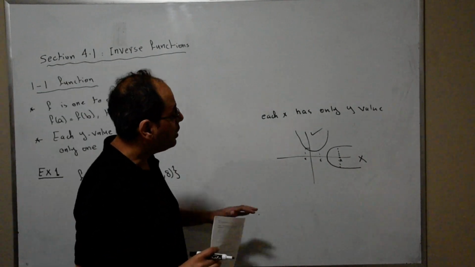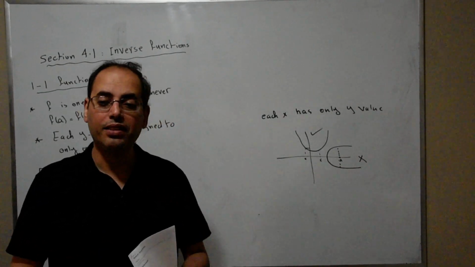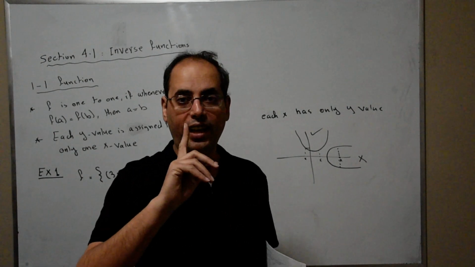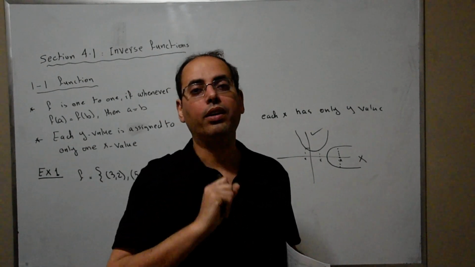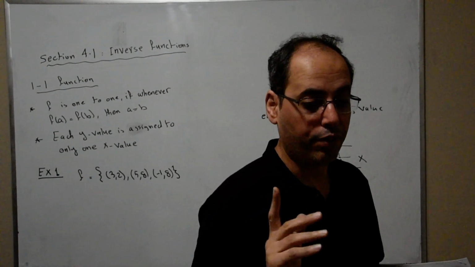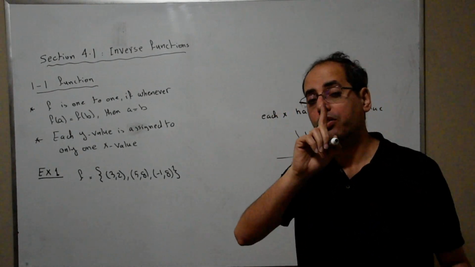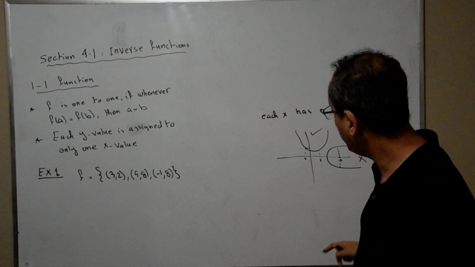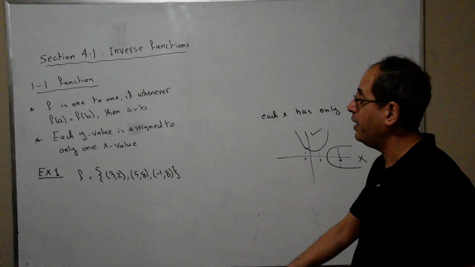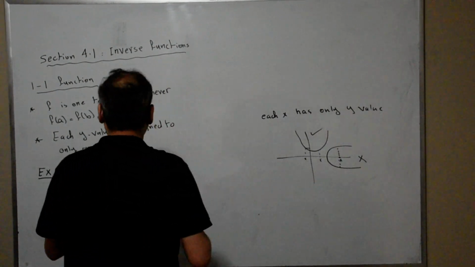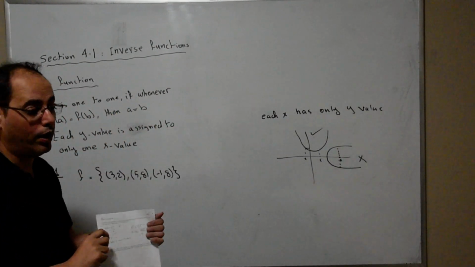Now, the new idea is one-to-one. One-to-one says that each x has only one y value, and each y has only one x value. So the opposite: each y is assigned to only one value of x.